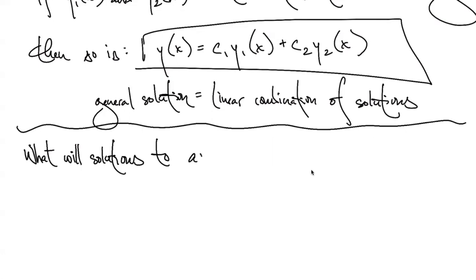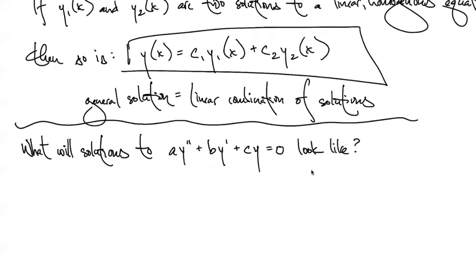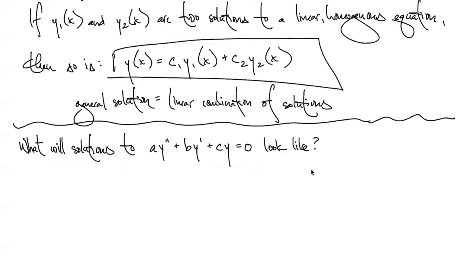So A will be a number, plus B is a number, plus C is a number. If you have this second order differential equation with constant coefficients, and it's going to equal 0, so it's homogeneous, what will the solutions to something of this form look like? That's the question we're going to focus on today.